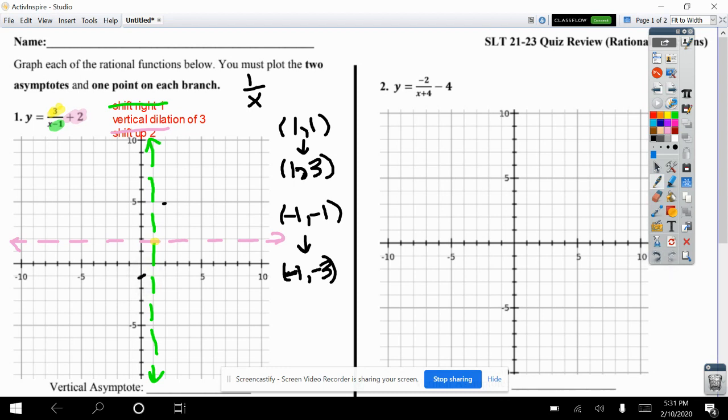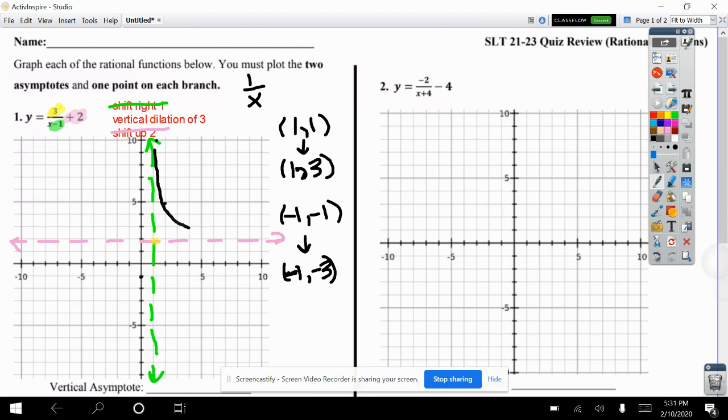Obviously we didn't actually put a point at the actual 1, 3 and the actual point -1, -3. We're just thinking about what the original function looks like, dealing with any dilations and reflections, and it just tells us how many to go to the right and to the left and up and down in order to plot these 2 points. So it's just telling us what direction to go in and how many units to go.